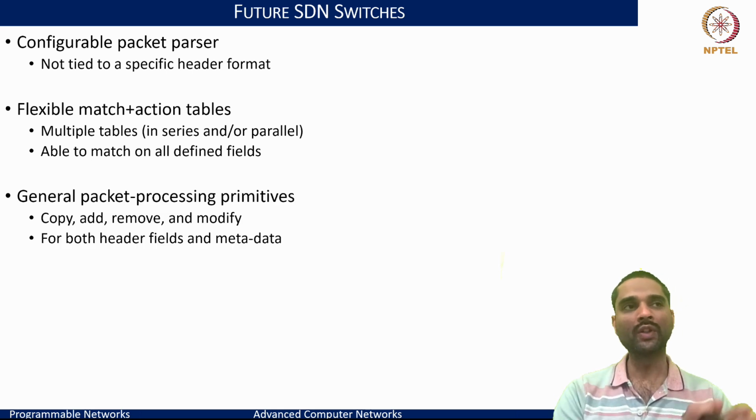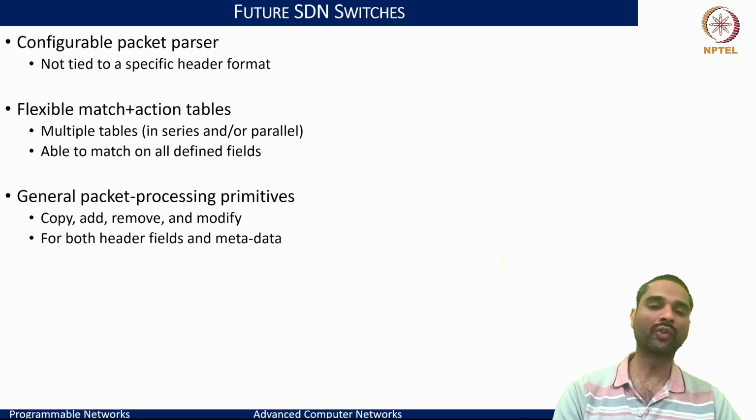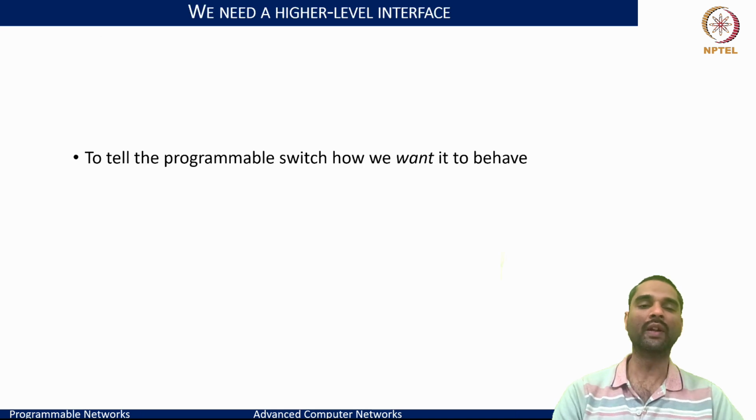And likewise, when we match and we want to do the packet processing, the key primitives of copying a packet or adding certain headers, removing or modifying specific headers are essential to make any meaningful manipulations and process the packets within the data plane.